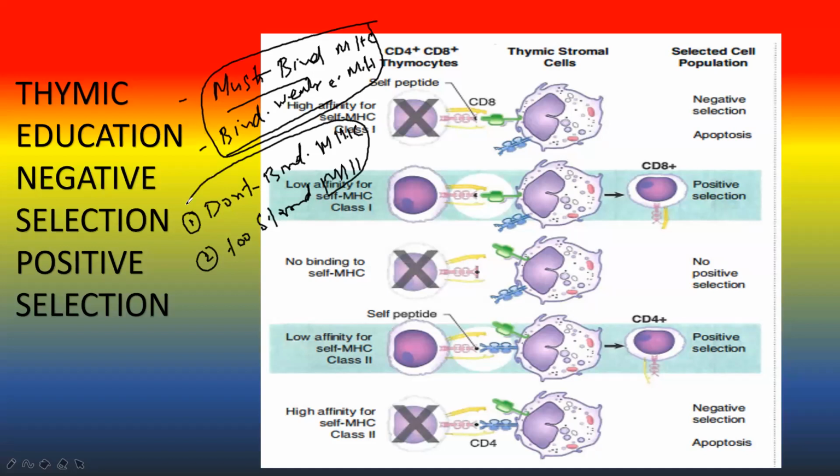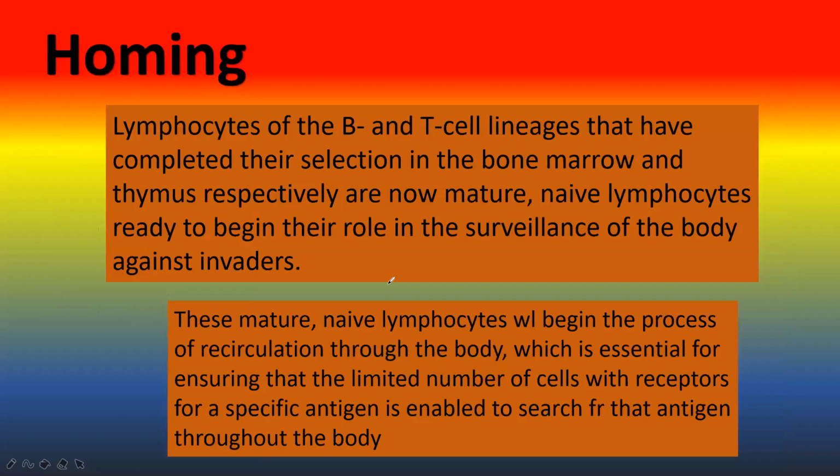So if the cell doesn't want to bind with the MHC protein, or binds too strongly, that cell must be negatively selected. Understand? The negatively selected cells must be killed by positively selected cells. Otherwise, what happens? Autoimmune disease will start. Okay, this is about negative and positive selection.